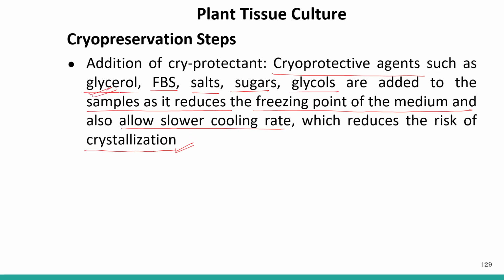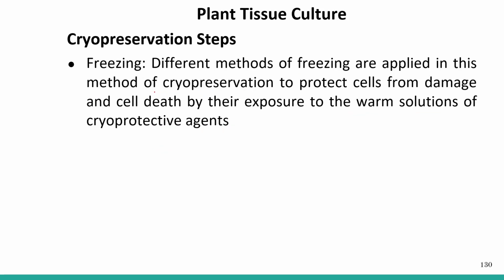So we keep cryoprotective agents like glycerol, FBS, salt, sugar, and glycols in the medium. Freezing. Different methods of freezing are applied in cryopreservation to protect the cell from damage and cell death caused by exposure to warm solutions of the cryoprotective agents.